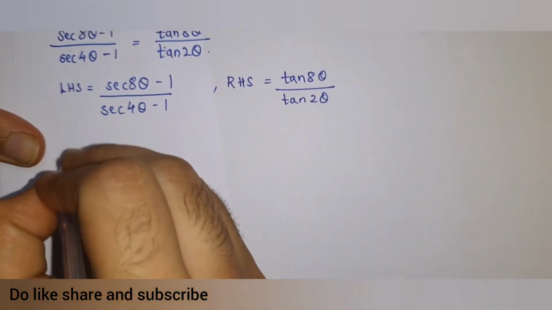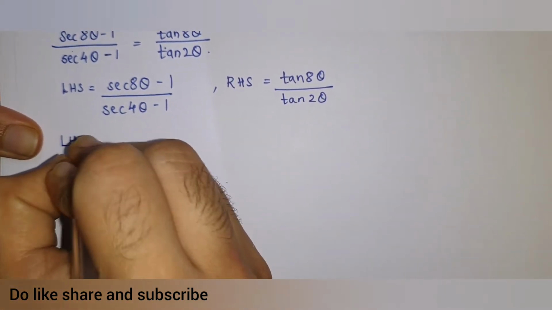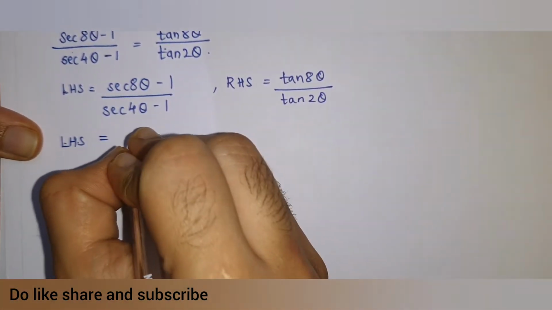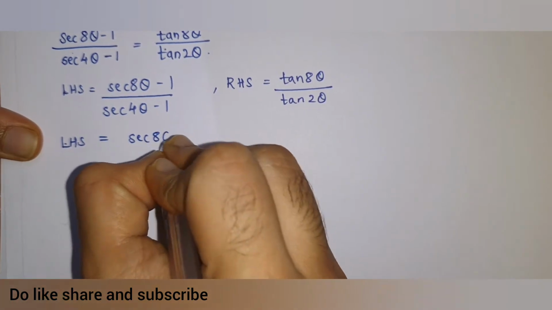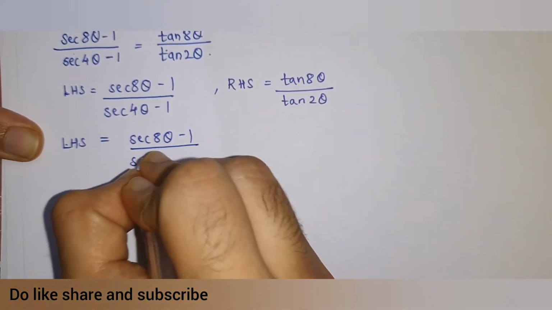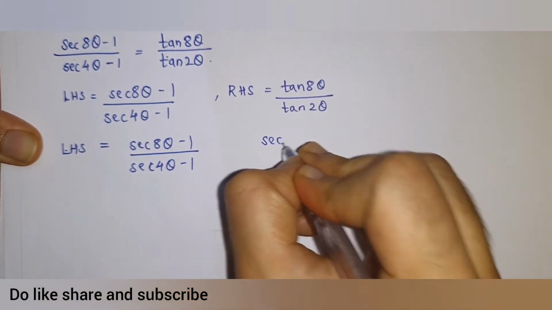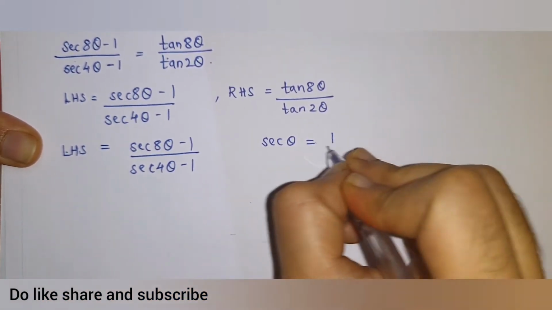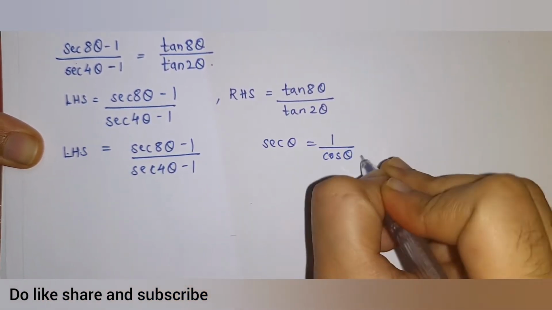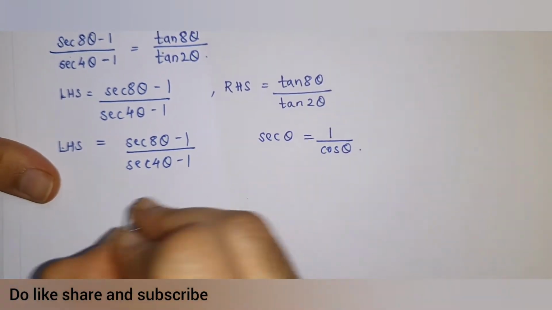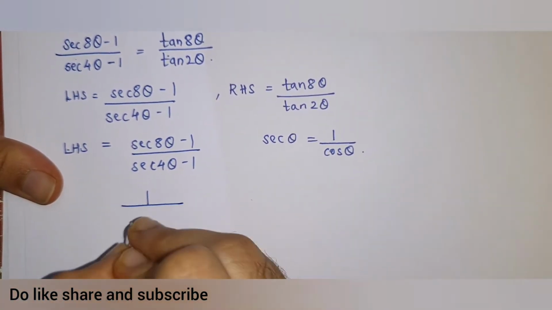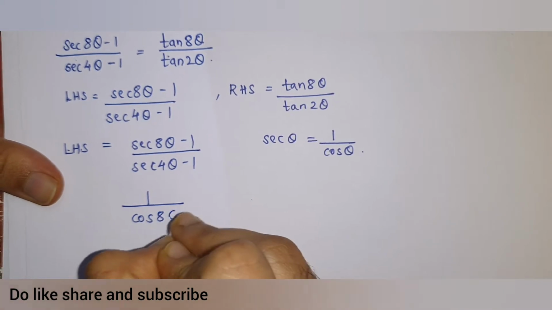Here we will be taking LHS, so LHS will be equal to sec of 8 theta minus 1 divided by sec of 4 theta minus 1. We'll be converting sec theta is equal to 1 upon cos theta from the reciprocal formulas. So we get here 1 upon cos of 8 theta.